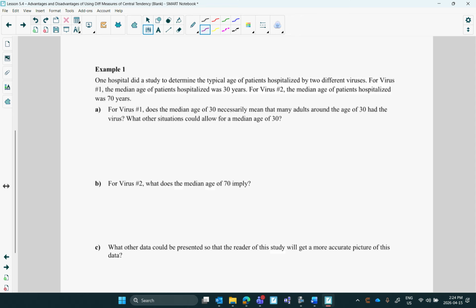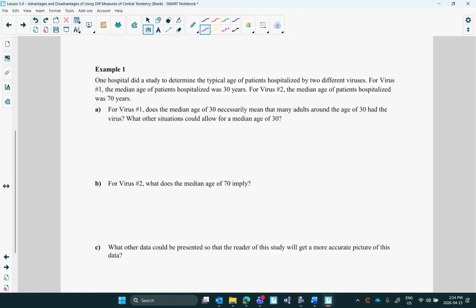Not necessarily. What's another way that could give us a median of around 30? If that was just younger, and then we had a large group below and a large group above? Yes, exactly. Okay, so there's 2 ways you could have the median. You could have a big grouping around 30 and then some above, some below. Or you could have big groupings there and little in the middle, and it would still work out to 30.